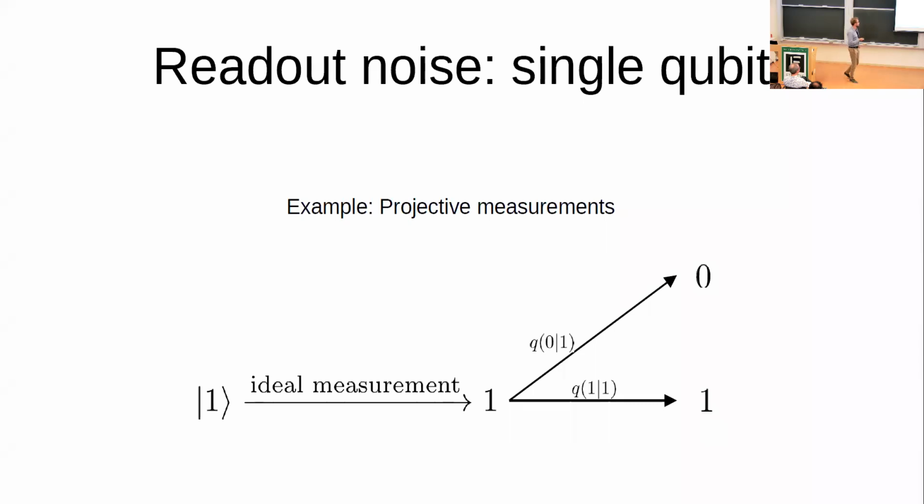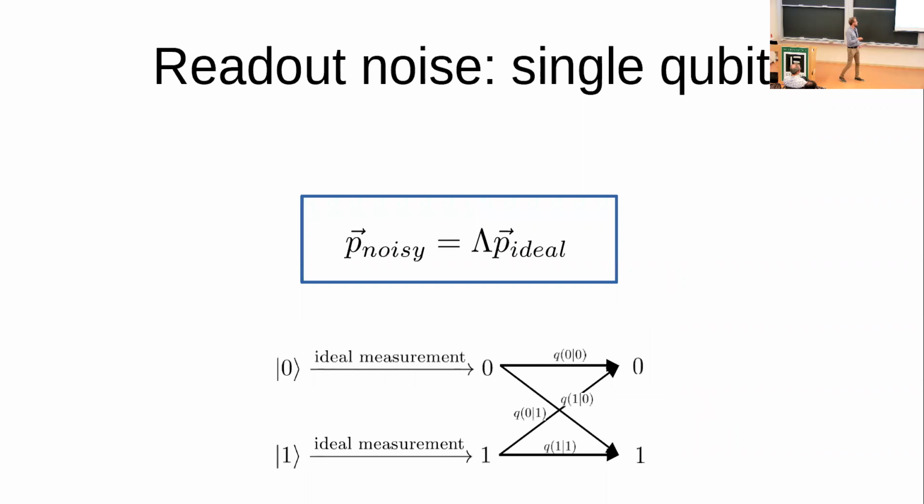And the same, of course, holds for the other state of the qubit. So now let me take those transition probabilities, and I will arrange them in a matrix that I will call lambda. It relates the ideal probability distribution to the noisy one, from which I actually sample using a device.